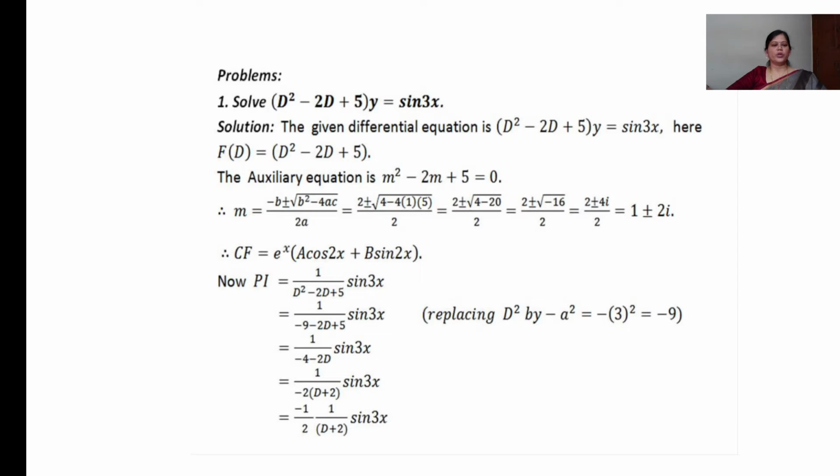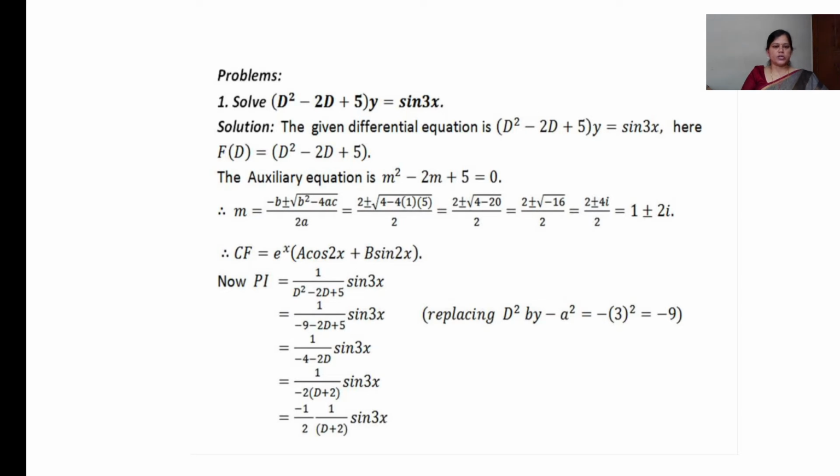So first we want to find out complementary function for all the problems of general solution. Now factorization is not easy for this equation, m square minus 2m plus 5 is equal to 0. That's why we are going for formula method. So the formula is m is equal to minus b plus or minus square root of b square minus 4ac by 2a.